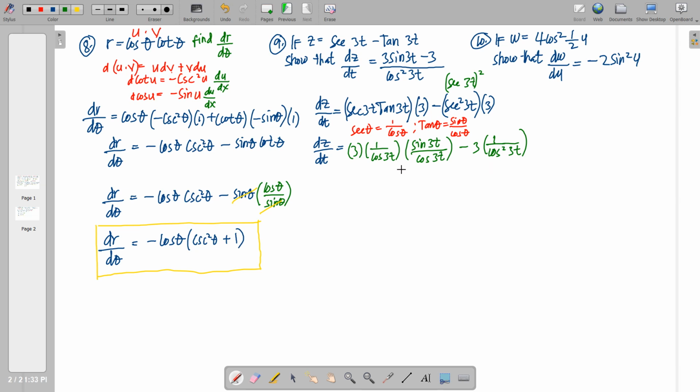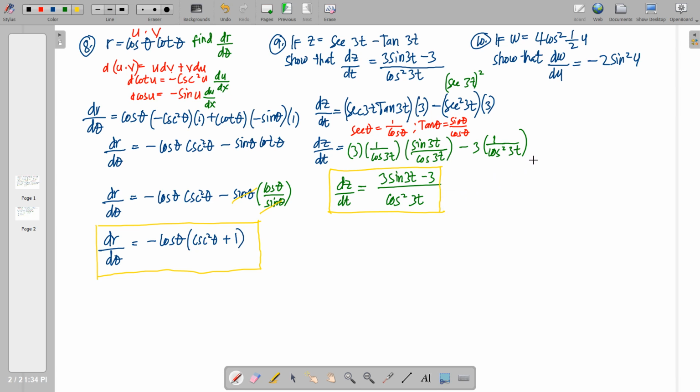So basically, we will have the same LCD, cosine squared 3t, no? Because this will multiply here, cosine times cosine, cosine squared 3t, the same as this. So the indication of that is that we can just directly subtract the terms under it. So finally, we will come up with the same answer.